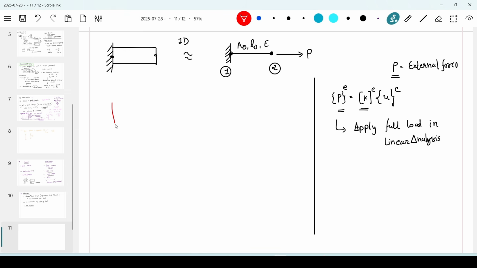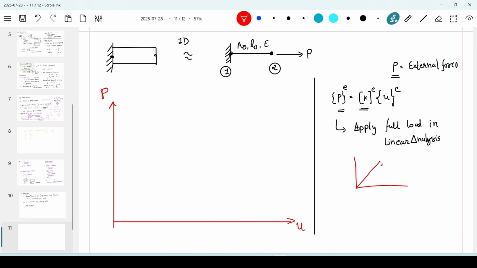I want to draw the straight line. Let's take this as the applied force P, and this as the displacement. So this is linear; we know this one.